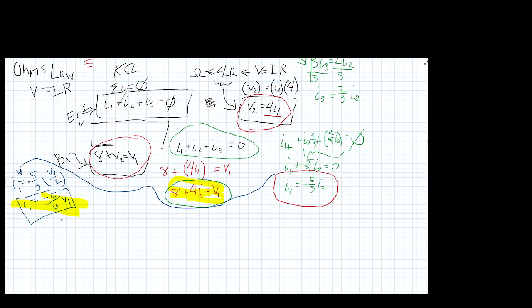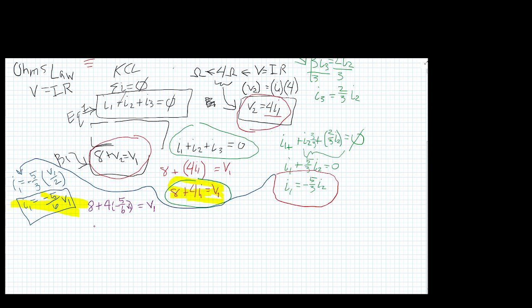So let's get a fancy color for this moment. And we have 8 plus 4, we leave parentheses for the I sub 1, and that is equal to V sub 1. And we put negative 5 over 6 times V sub 1.